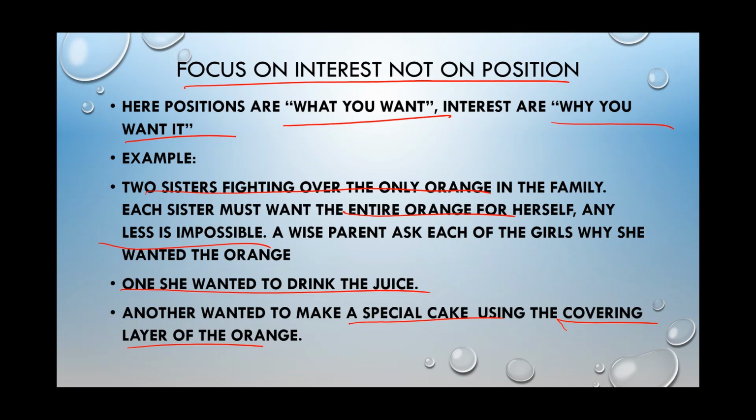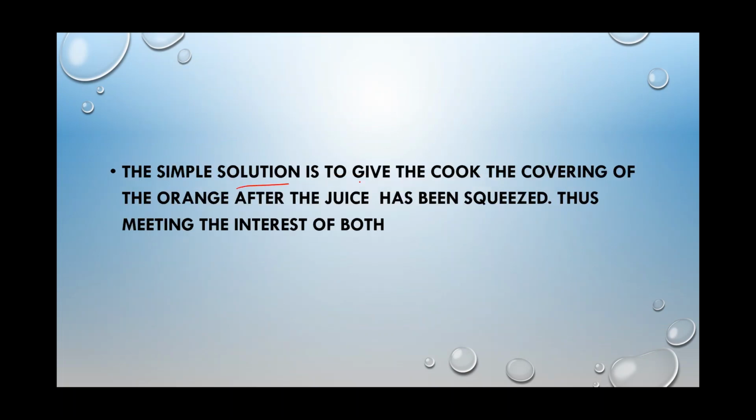The solution is to give the peel of the orange after the juice has been squeezed out, thus meeting the interests of both the girls. Here we are focused on why they wanted it: one girl wanted it for juice, the other to make a special cake. We are not focused on what they want.